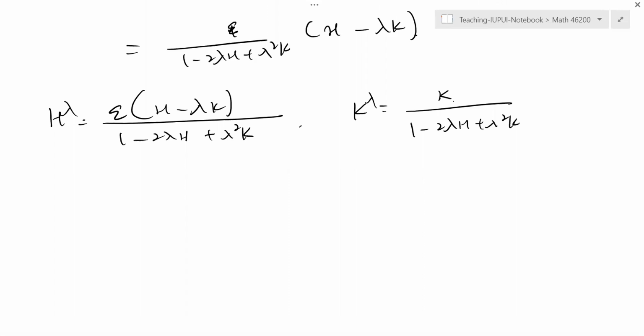So what I want to do is find the motivation, find the surface of constant mean curvature. So here's a thing.